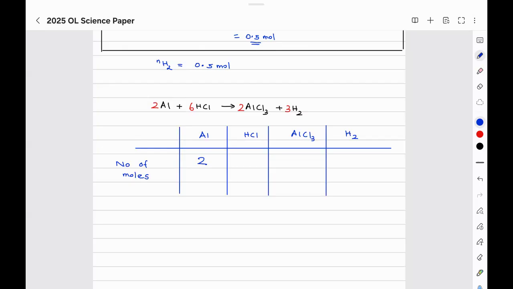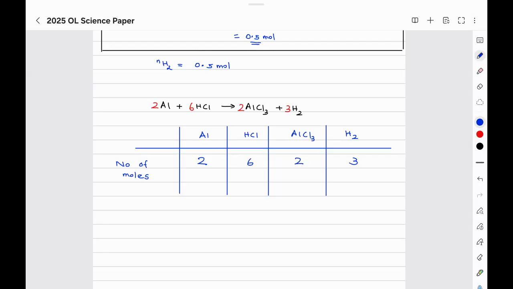Okay, answer me. How much of, yes, 6. Then how much aluminium trichloride is produced? 2. How much hydrogen gas is produced? 3. Is it clear? According to the reaction stoichiometry.